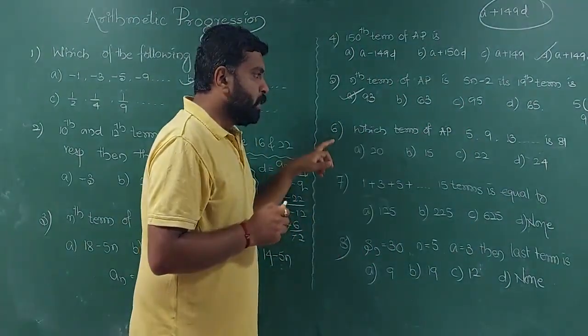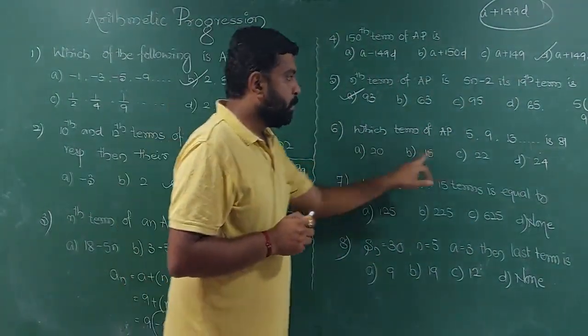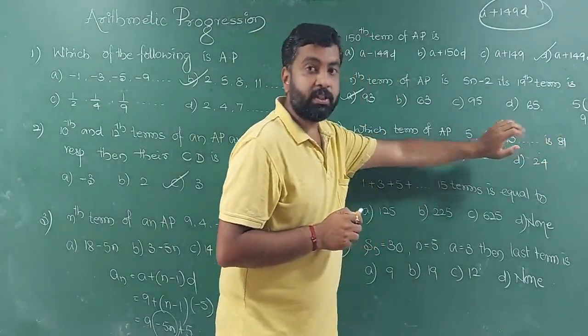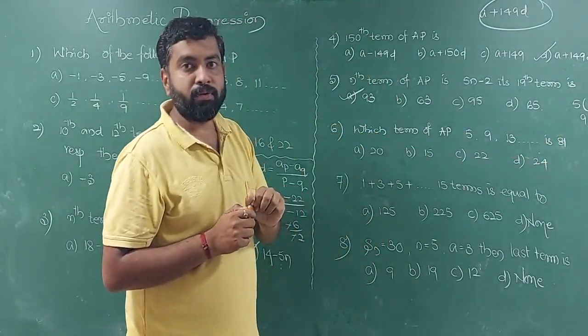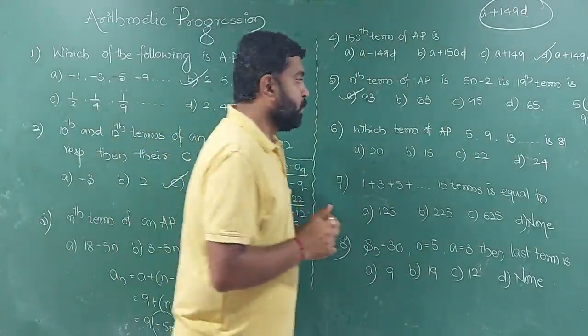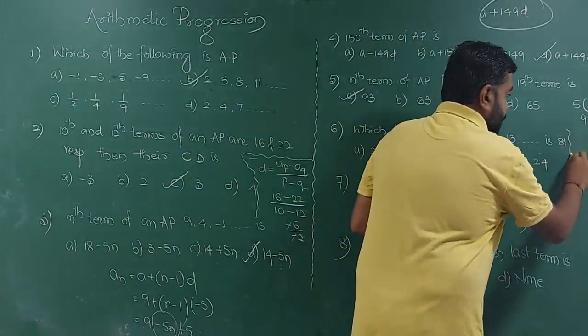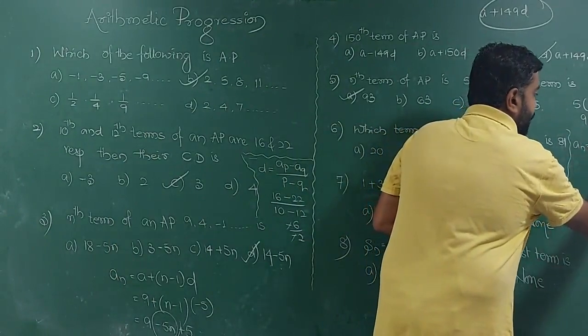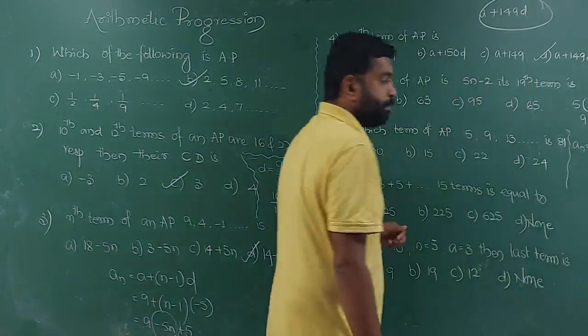Next, which term of the AP 5, 9, 13 and so on is 81? Which term means I need to calculate the value of n. So we have this relation: an is equal to a plus n minus 1 into d.